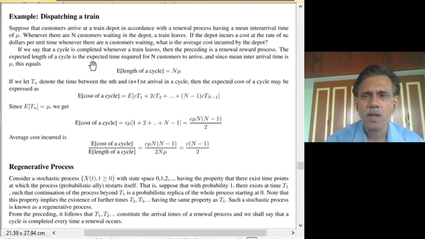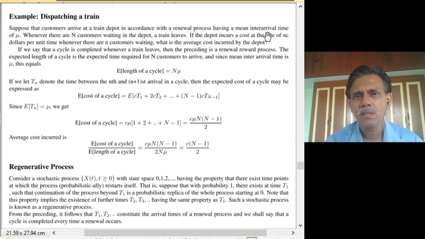Again, we will assume that the arrival process is a generic process with a mean inter-arrival time of mu, so history is needed at any time to predict the future. But at the time a train leaves, history can be forgotten, because as soon as n customers come to the depot, immediately a train leaves, which means that as soon as the train leaves, the depot will be empty.